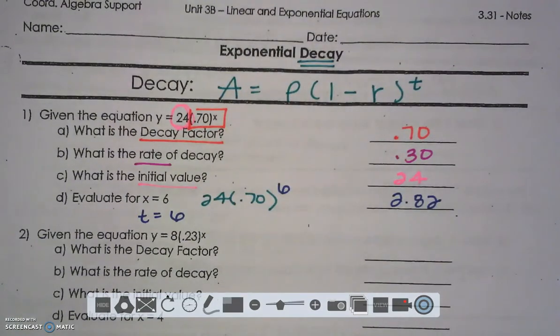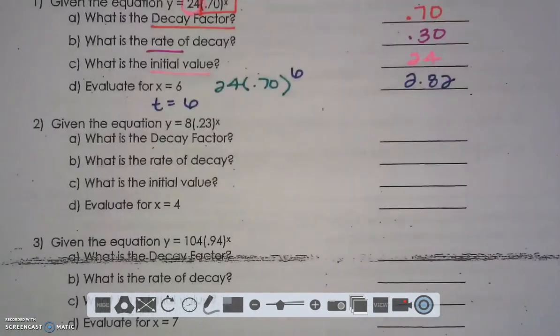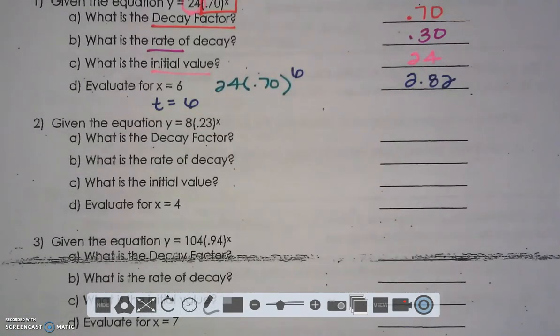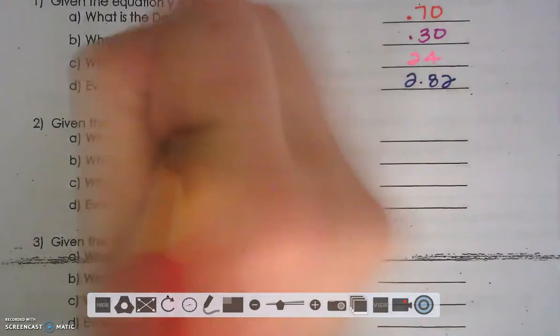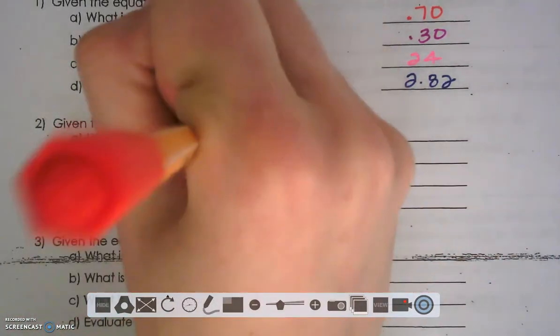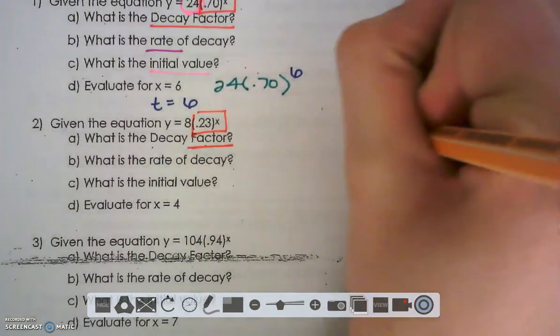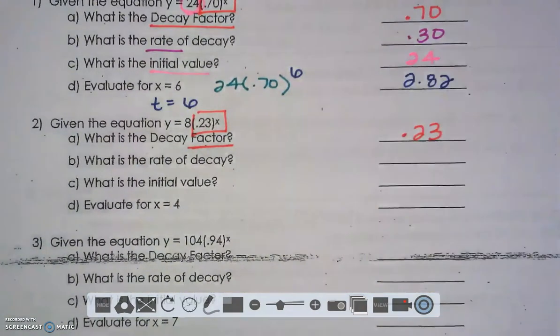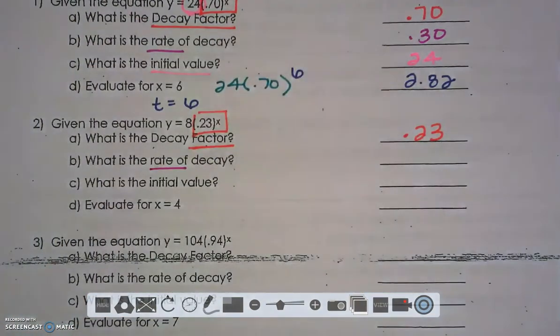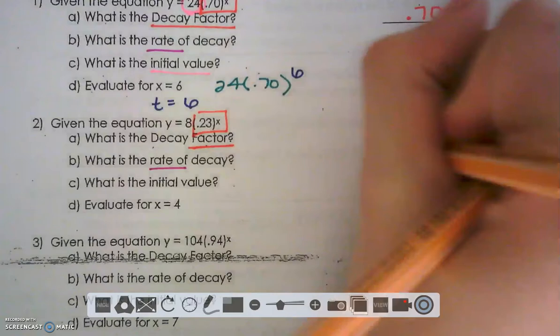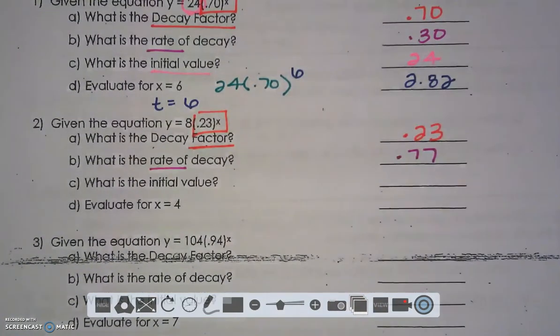All right, let's look at example 2. Again, we already know that this is a decay, so they want the decay factor. That's the base of my function. Well, my rate is how far I am away from 1, and that is 0.77, or 77%.